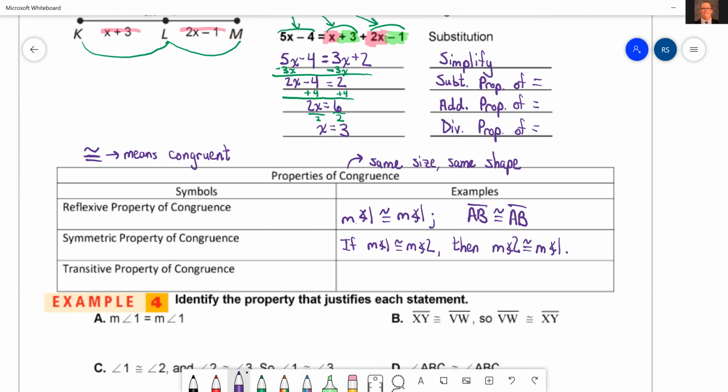Remember, symmetric is where we flip. And then we can't forget our congruent symbol in there.